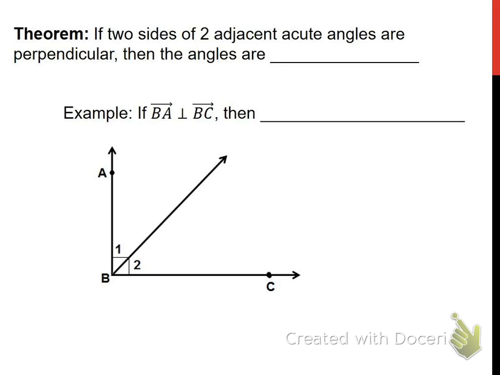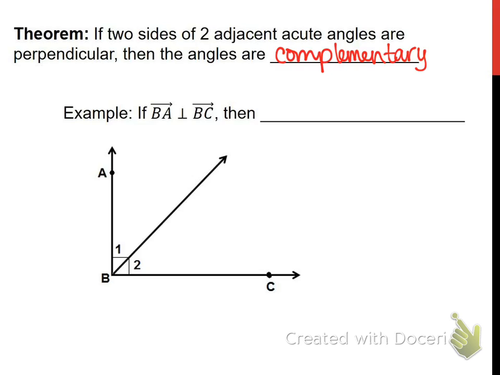They're not congruent. It's another C word, though. Complementary. So they are complementary. So if you have two adjacent acute angles, the sides are perpendicular, you know they have to be complementary.